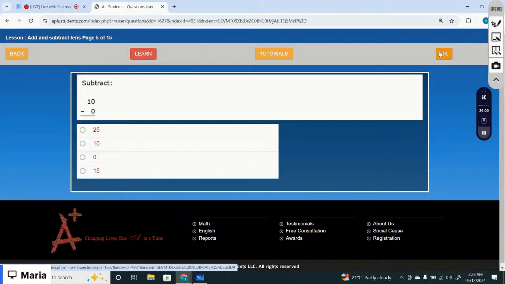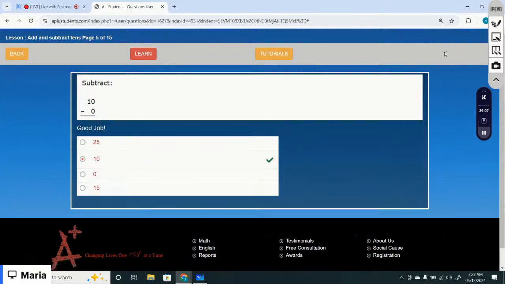Adding and subtracting 0 means the number stays the same. So 10 minus 0 is 10. Option number 2 is the correct option.